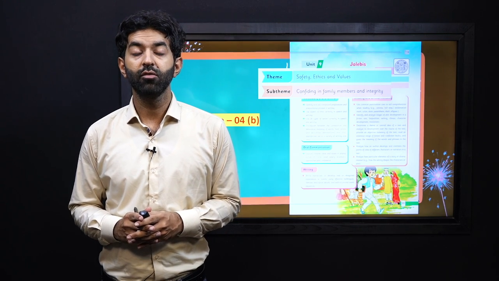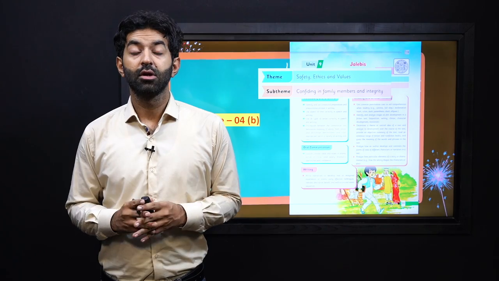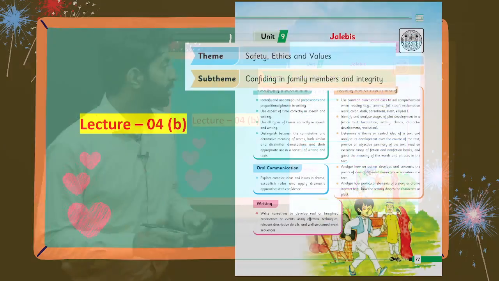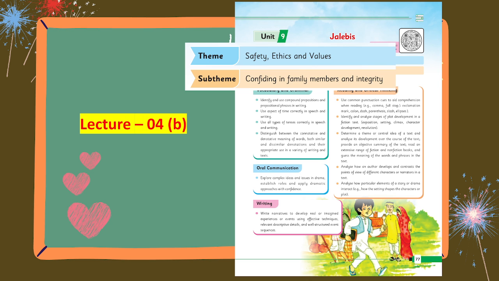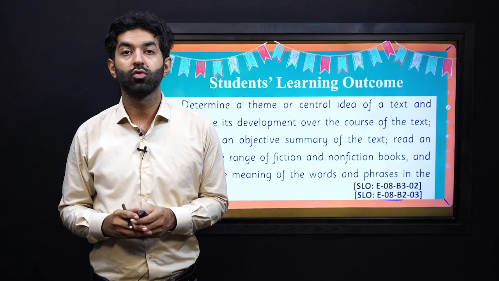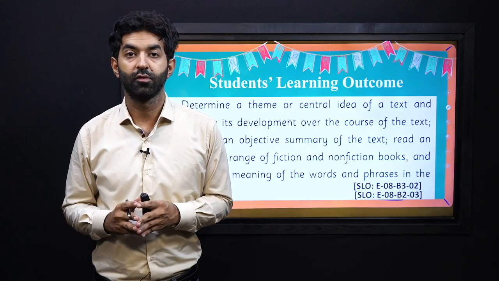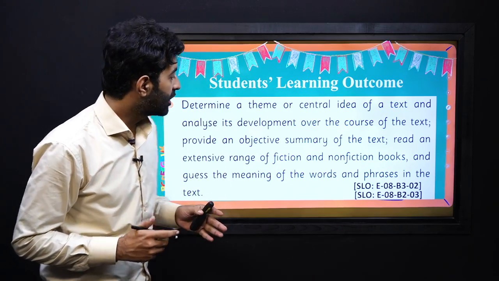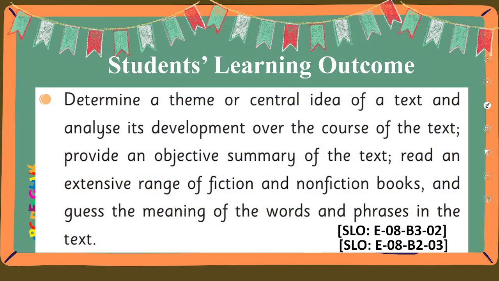Students, today we will cover yet another student learning outcome from our unit number 9 called Jalebis. This is our lecture 4B and we are going to talk about reading competency. And we have the learning outcome. Let's read it.